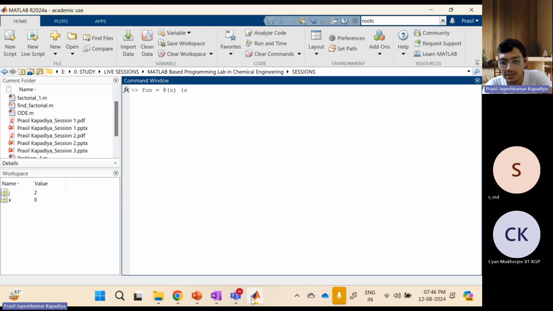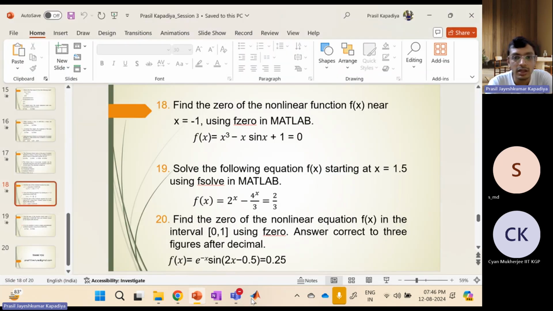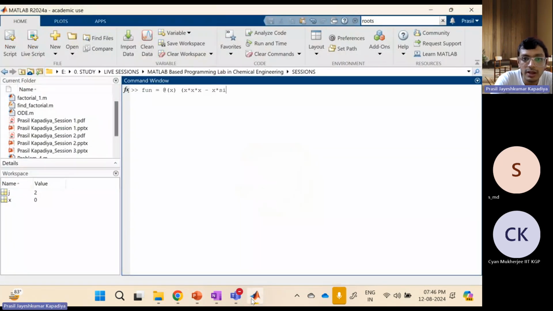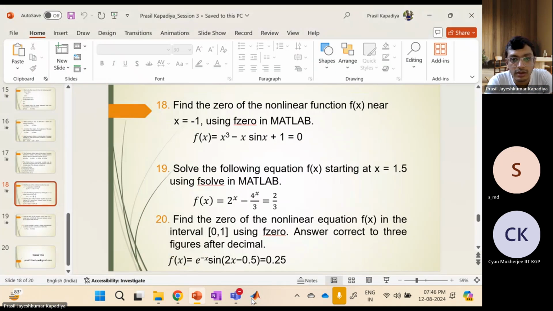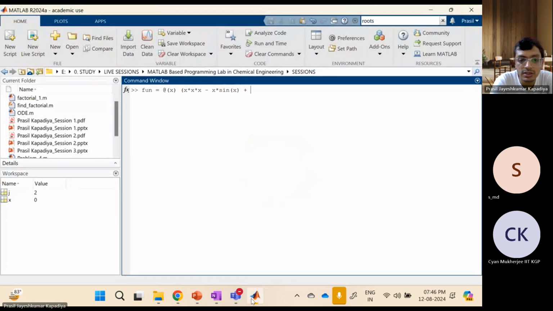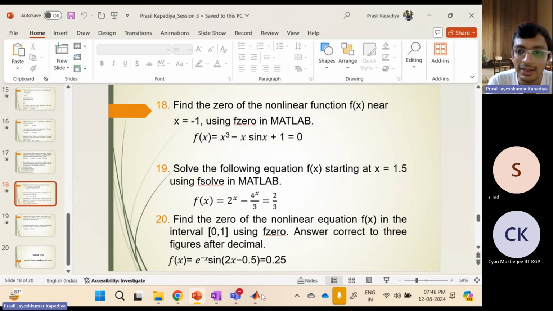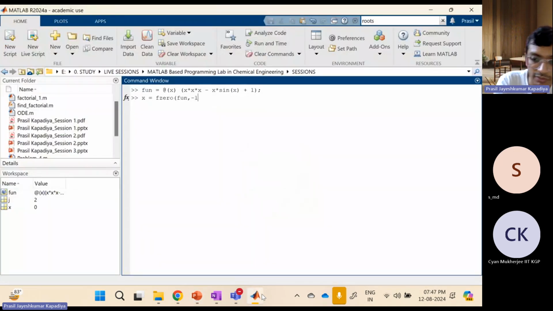So I will write x cube minus x into sine of x plus 1. This is my function. And let's say my solution is x equal to fzero of function comma, near x equal to minus 1, so I'm just writing minus 1. So my answer is minus 0.774.